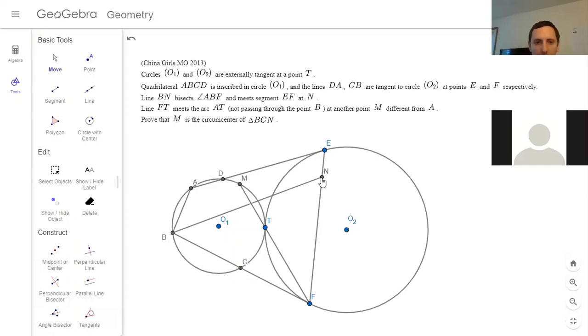So is it obvious first that MB is equal to MC? I think that's probably just an angle chase if I had to guess. We want to show that MB is equal to MC.